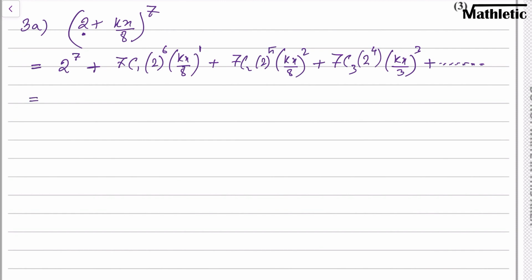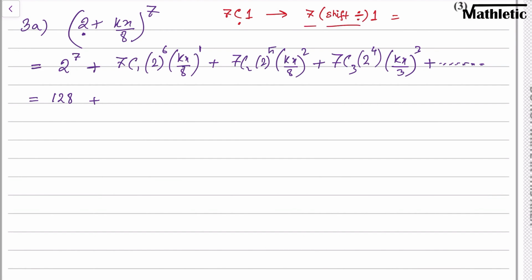Okay, so 2 to the power 7 is 128. You can get the 7c1, 7c2, 7c3 from the calculator. For example, 7c1. To get the value from the calculator, you just type 7, and to get c, you just type shift division sign, that will give us c, and then 1 equals.